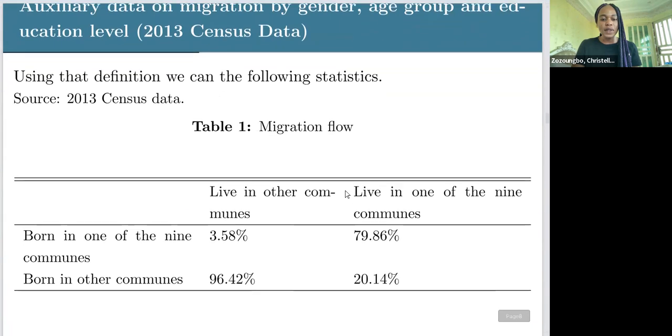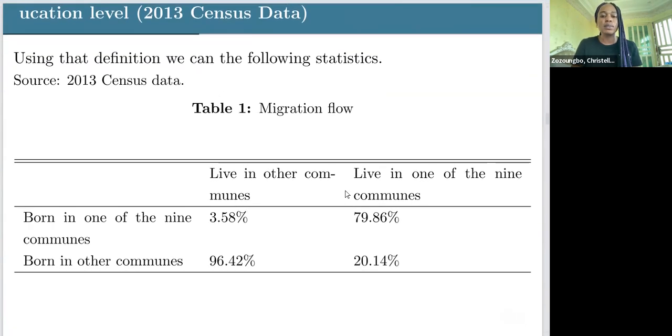So using that definition, I have this migration flow that gives, at aggregate level, a sense of migration from rural to urban. As we can see, there is less migration from urban to rural, but from rural to urban, about 20% of people living in one of those 9 communes were actually born in some other commune that is not one of them.